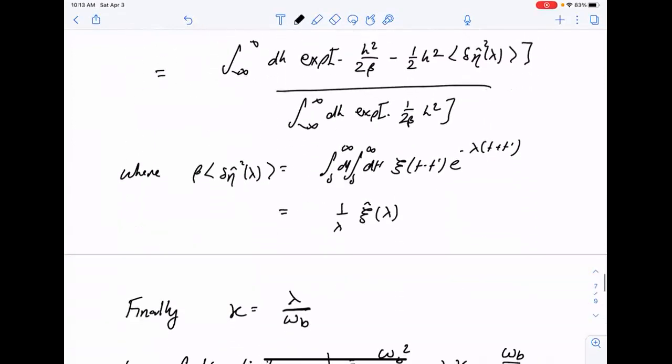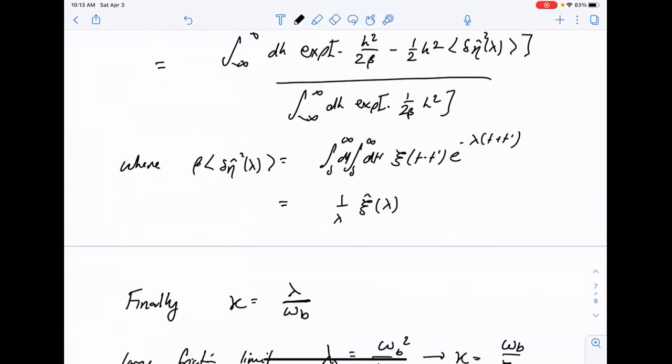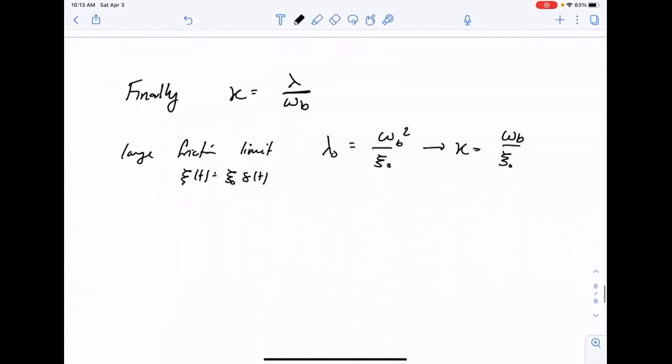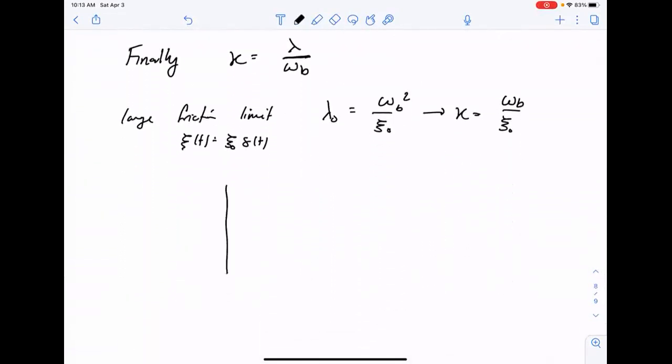So the basic physics in this Grote-Hynes theory: I start at the top of the barrier, and I'm imagining that the barrier is really high, so that if I make my way very far to the right, I never come back.